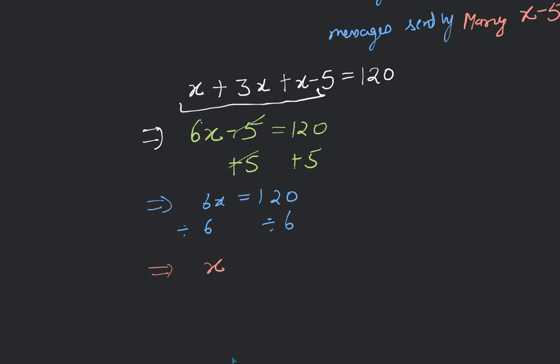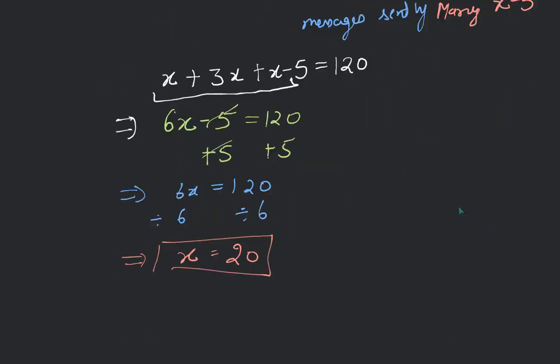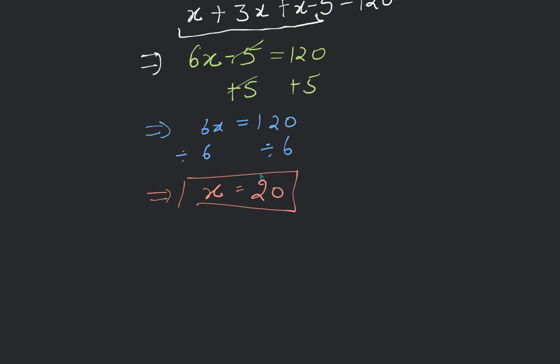So 6 divided by 6 will give us 1, so it will be x, and 120 divided by 6 is 20. So for Shen, the number of messages is 20. So Shen has sent 20 messages.